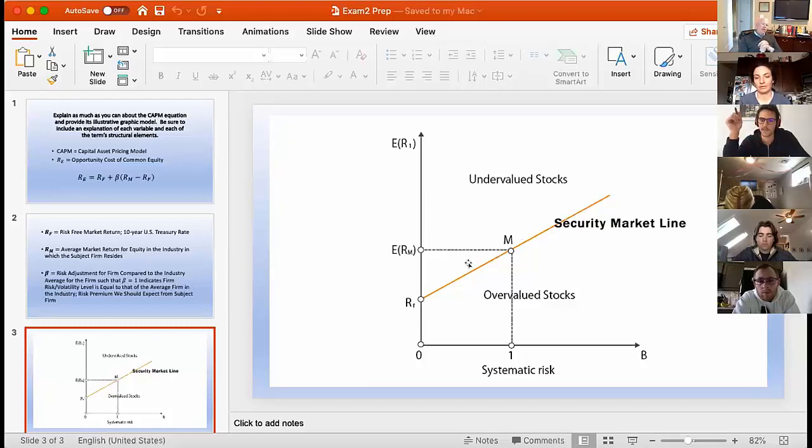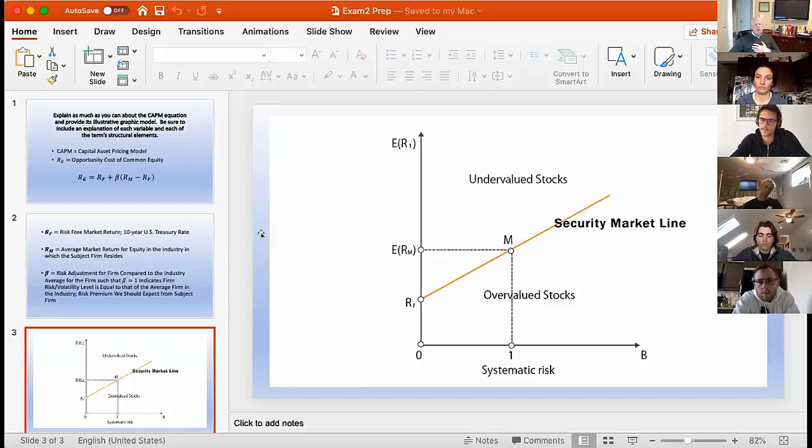So Martin, as on the y-axis, where Megan's given us ERM, or the expected return of the market, if our company's RE is equal to RM here, the expected RM, that means that we are valued similarly with all the other firms in the industry, and we have a similar risk pattern because we have a beta of 1, right? Yeah, okay.